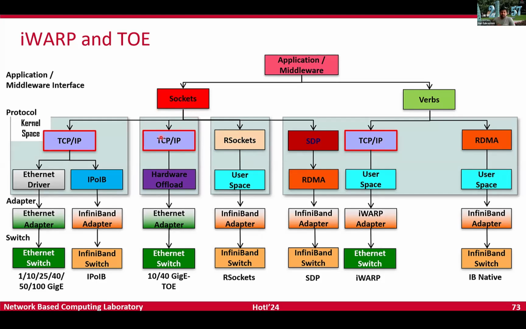You could go through the sockets interface and TCP/IP with hardware offload capabilities, where you offload segmentation, reassembly, checksum, and a bunch of other things in hardware, and go over your traditional Ethernet network. Or you could go over IB verbs, again with TCP/IP in user space, go through an iWARP adapter, and go through an Ethernet switch. The benefit here is that you get improved performance and can go over the Ethernet network fabric.